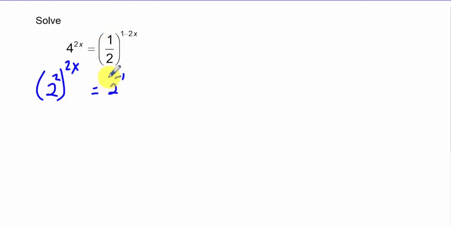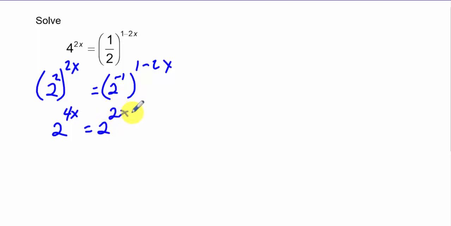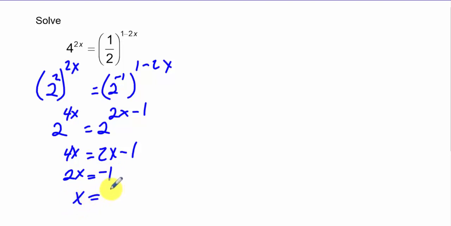And we know that is 2 to the negative 1 power. So now I'm going to have equal bases. I'm just going to clean it up and get 2 to the 4x here, 2 to the 2x minus 1 here, set the powers equal. 2x will equal negative 1, and x equals negative 1/2.